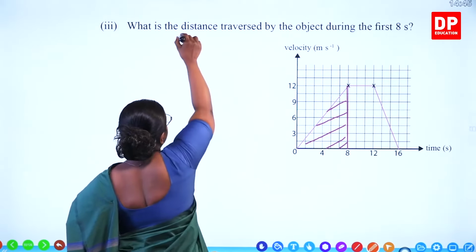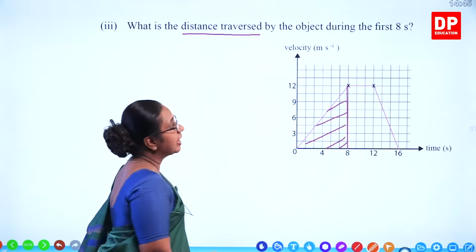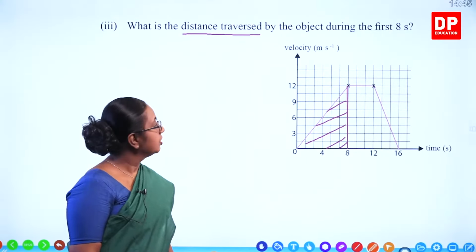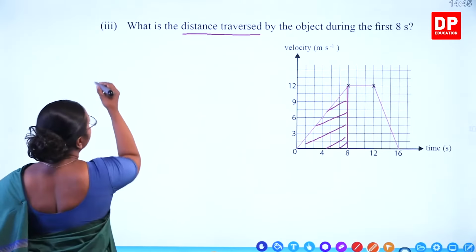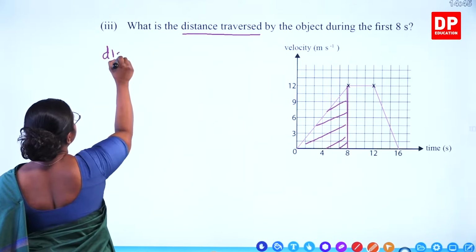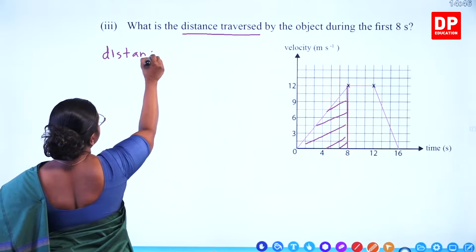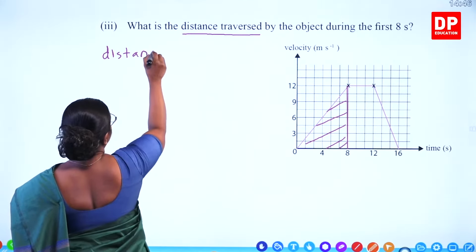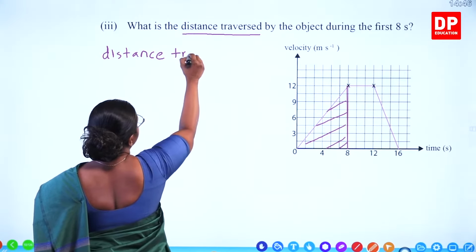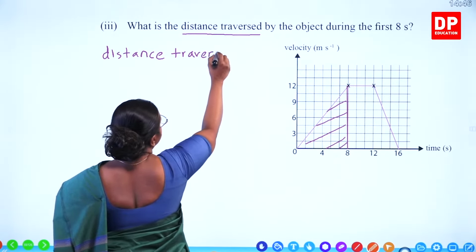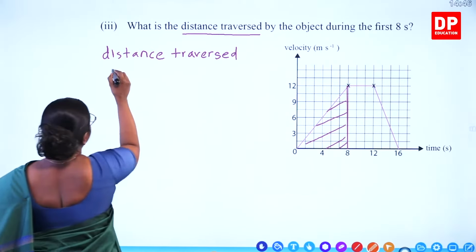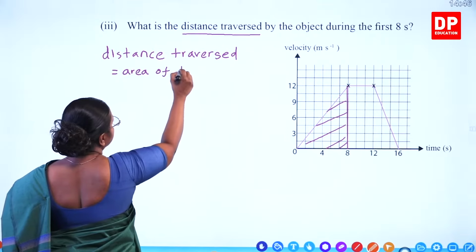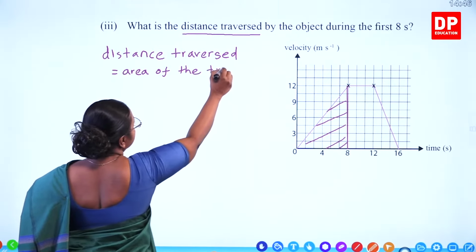That will be the distance traversed by the object during the first 8 seconds. So to do that, we have to write distance traversed will be equal to area of the triangle.